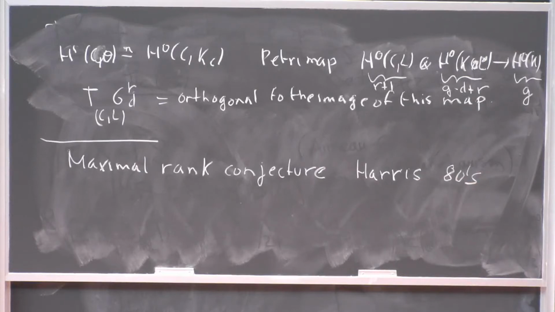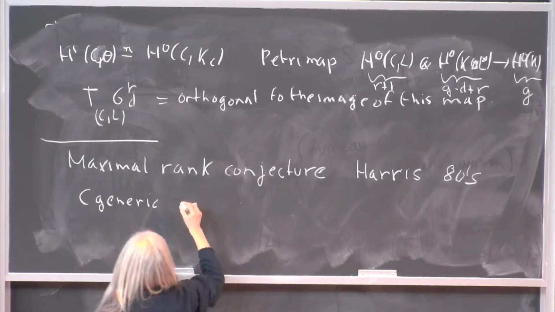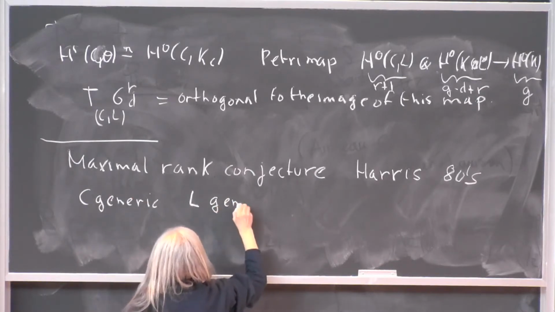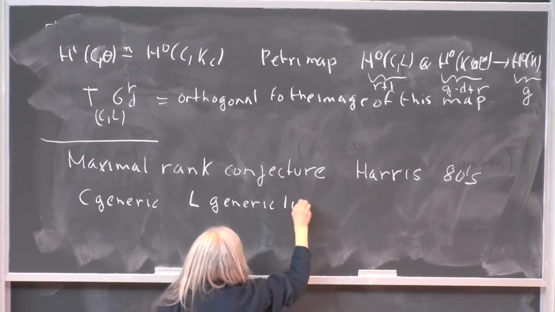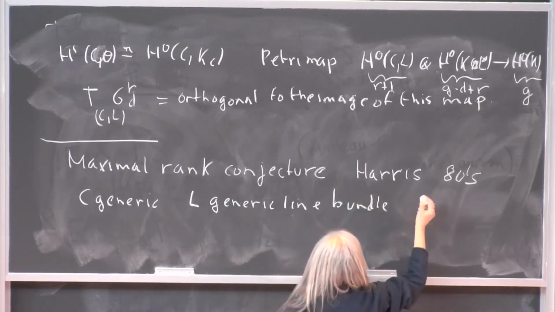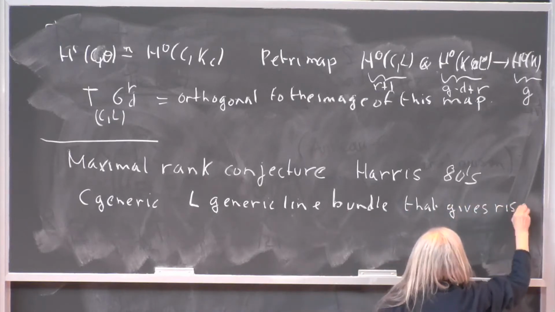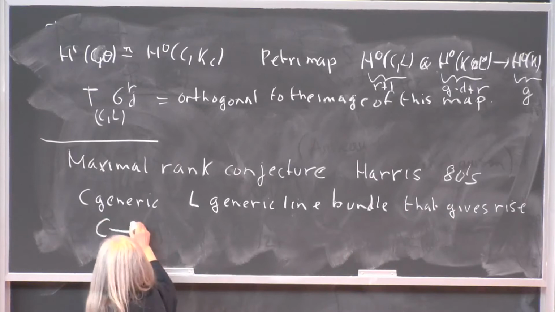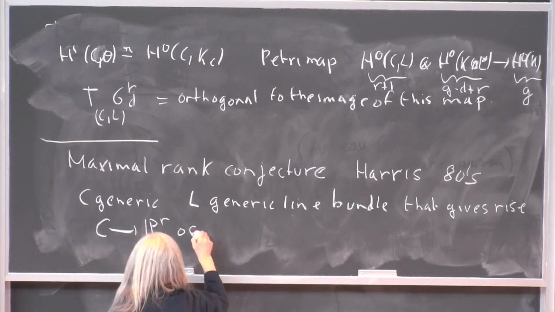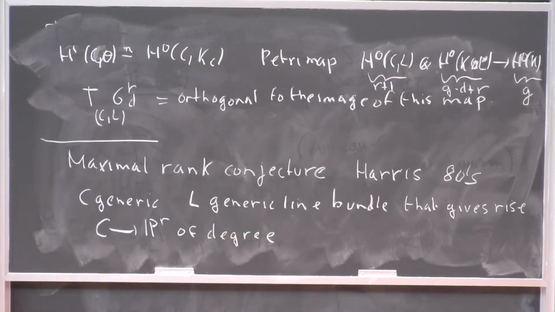Let's assume that you take a generic curve and a generic line bundle on the curve. And I should not say, maybe not a generic line bundle on the curve, but a generic line bundle that gives rise to a map from C to P^r of degree d. So essentially, it would be a generic point in this GRD of C.